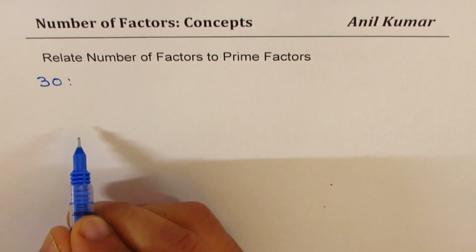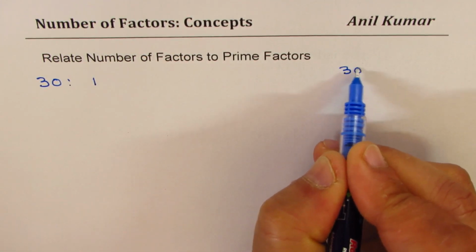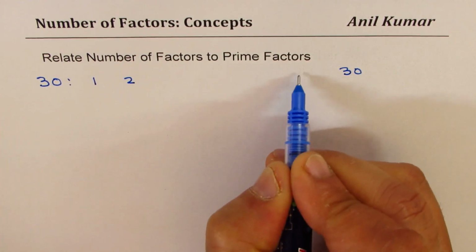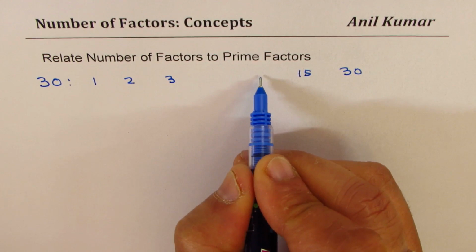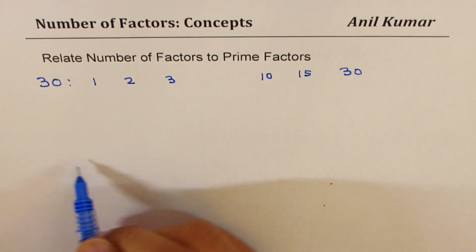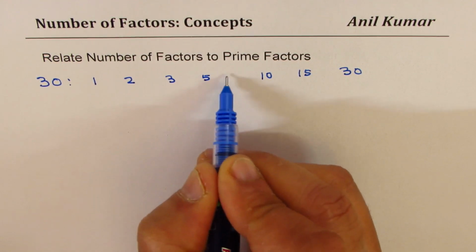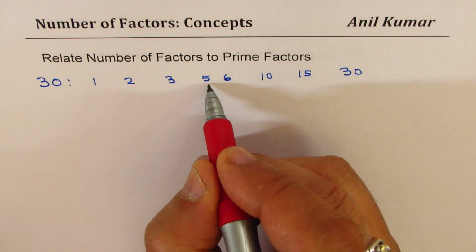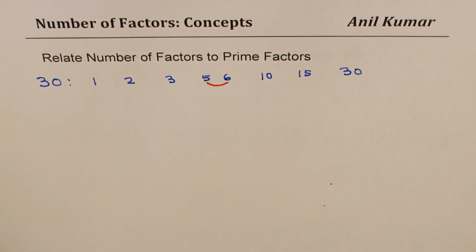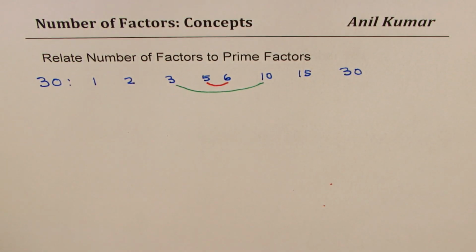So if I take number 30, then I can say 1 times 30 is 30, 2 times 15 is also 30, 3 times 10 is 30. You cannot divide this by 4, but you can divide by 5, right? So 5 times 6 is 30. So we kind of make a rainbow again, correct? So we have this link. And you can easily count all these numbers and get the result.